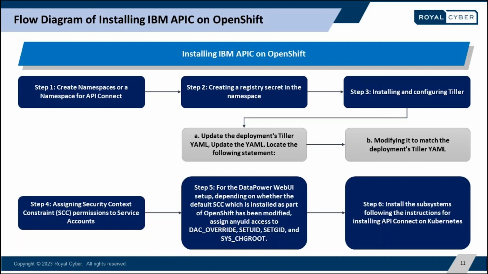In the next step, we need to create a registry secret in the namespace where our subsystem will be deployed. The secret is a key component for securely accessing container registries, allowing for streamlined integration and secure distribution of your containerized application.